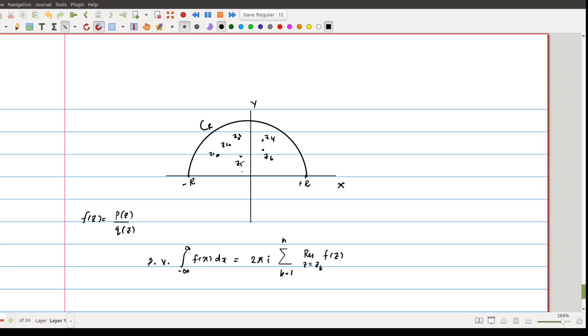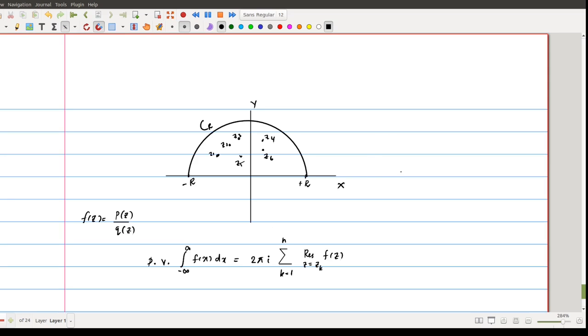Suppose there are n zeros of q of z lying above the real axis. Then we evaluate the residues at all those singularities, sum them up and multiply by 2 pi i, and that gives the principal value. So this is the method to evaluate the principal value.